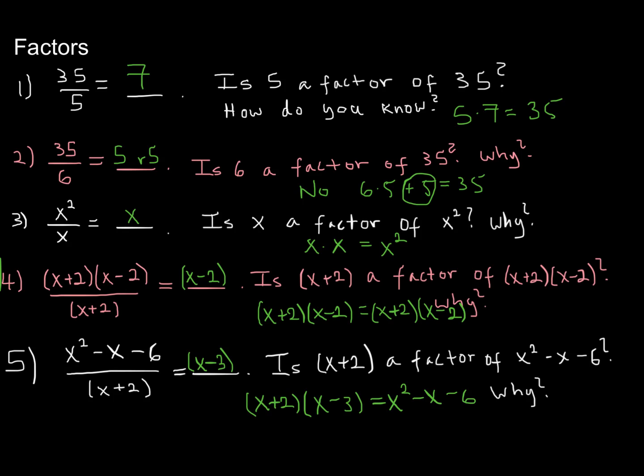So the big idea here is, just like we do with numbers, we can think about whether 5 is a factor of 35 by asking ourselves, can I multiply 5 by anything that is a whole number to get 35? Does it go in evenly? With polynomials, we can ask ourselves if something is a factor by saying, is there anything we can multiply it by to get this bigger polynomial?